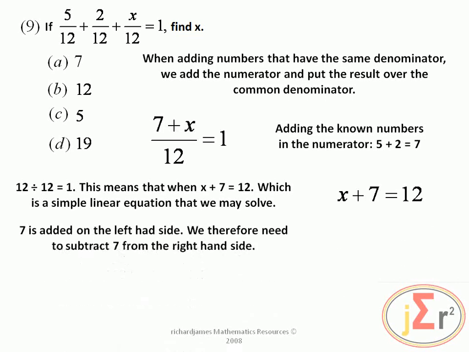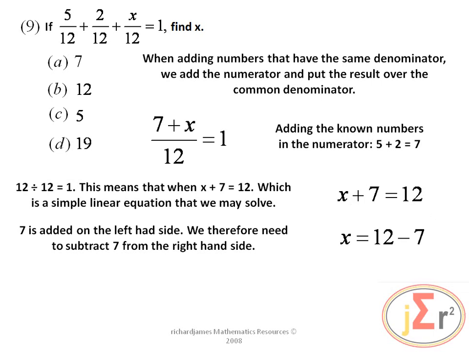We always solve these equations, Jerry. 7 is added on the left-hand side. We therefore need to subtract 7 from the right-hand side. Remember that when we are solving equations, we do the opposite of the arithmetic operation on the other side. Therefore, if we are adding 7 here, on the other side, we will subtract 7.